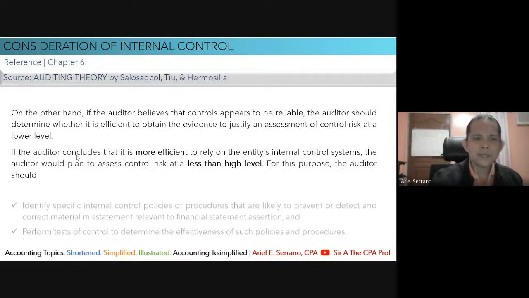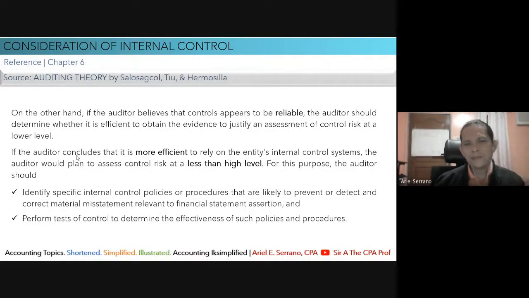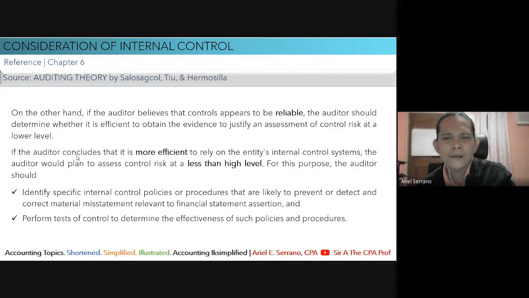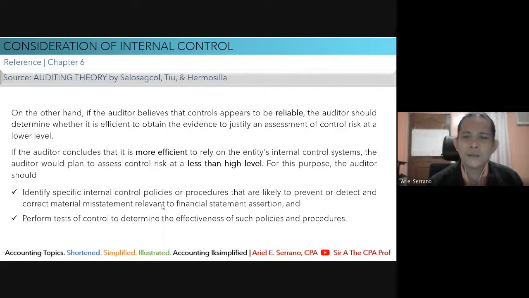For that purpose, we will identify specific internal control policies or procedures that are likely to prevent or detect and correct material misstatements relevant to FS assertions and perform TOCs, yung test of controls, to determine the effectiveness of such policies.